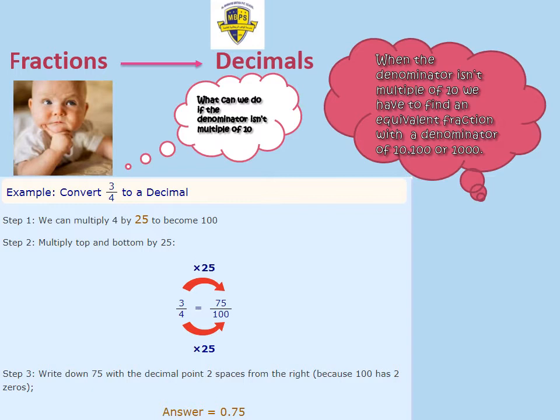So 3 multiplied by 25 equals 75. 4 multiplied by 25 equals 100. Now we have 75 out of 100. So easily we can write it as a decimal. The denominator is 100, so 5 should be in the hundredths place. So we write 0.75.